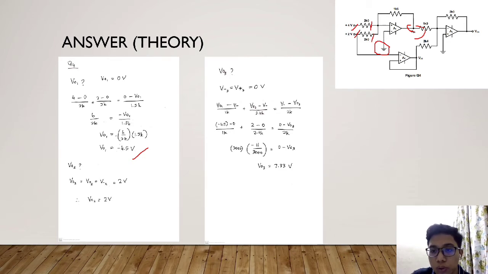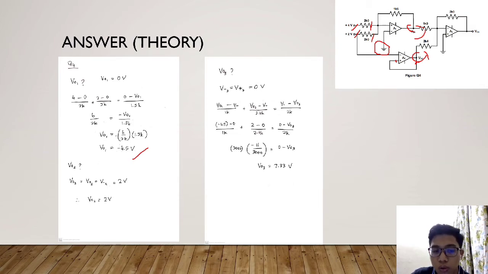So next, V output 2. As you can see here, V plus 2 is connected with the V output 2 without any resistor. So this is a voltage follower. Therefore, there is no voltage difference between this point and this point, so the value of V output 2 is equal to the value of V plus 2.